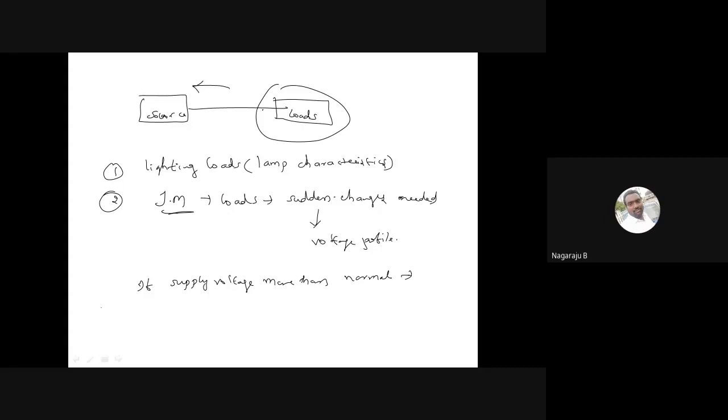So when supply voltage is more, the magnetizing current is more, and when supply voltage is less, the motor may not start properly, which will reduce the starting torque.